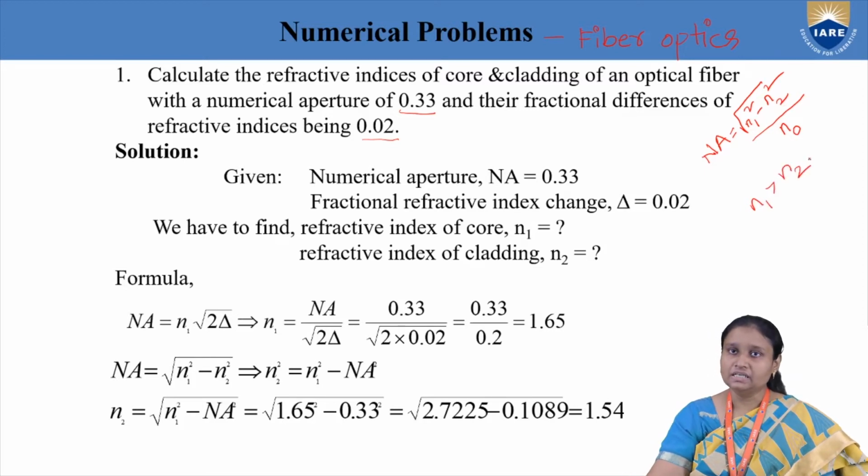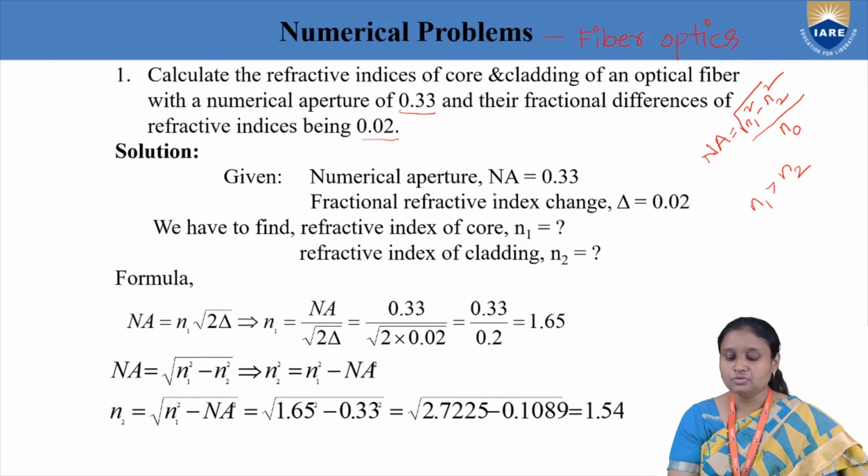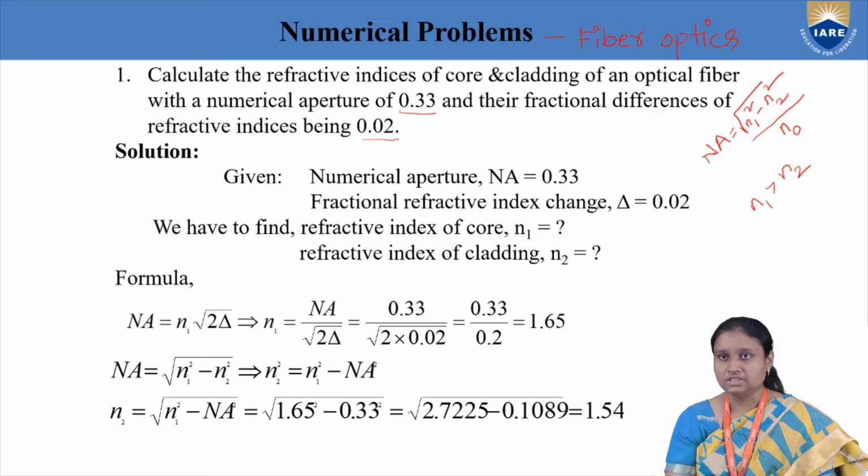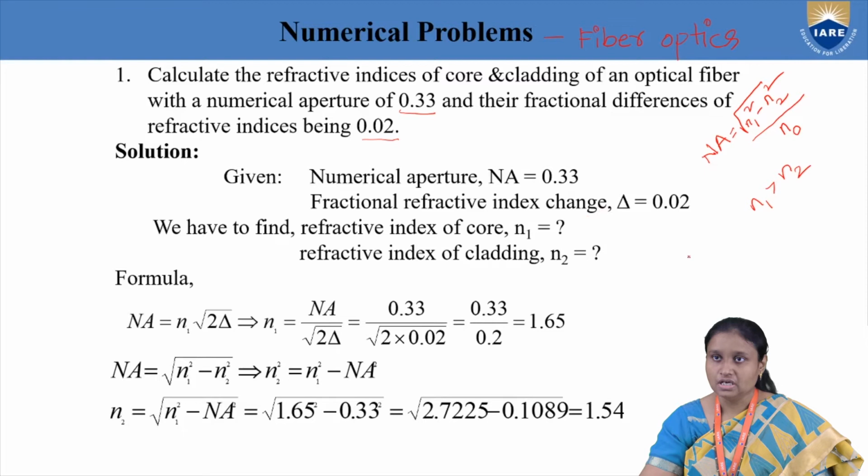So what is the data given in this problem? Data given is numerical aperture. What is the value of numerical aperture? It is 0.33. And then next, fractional refractive index change. What is fractional refractive index change?